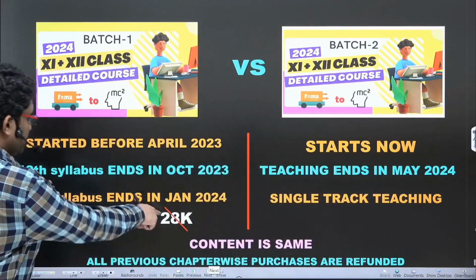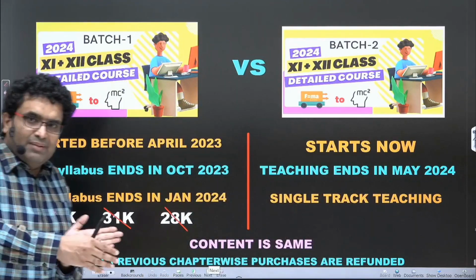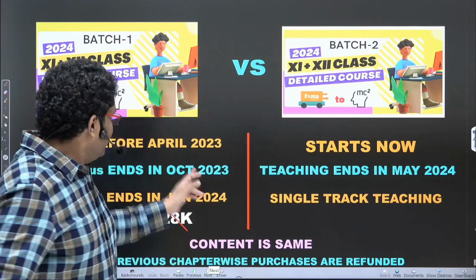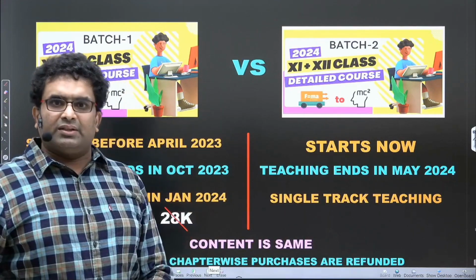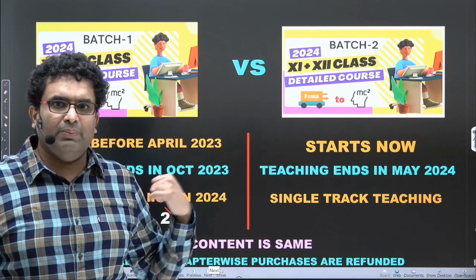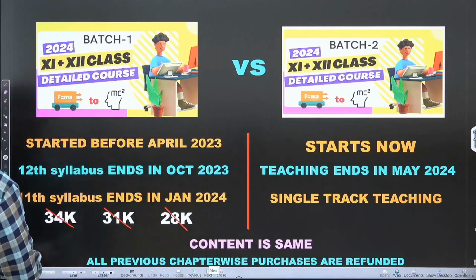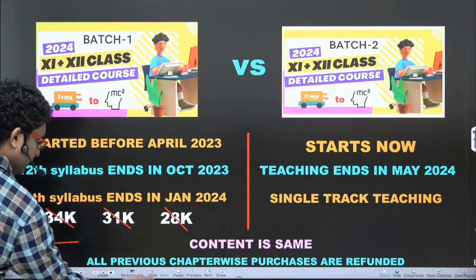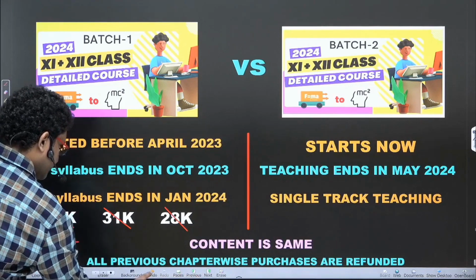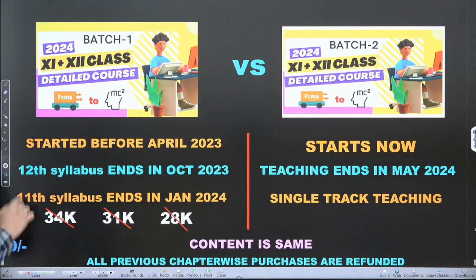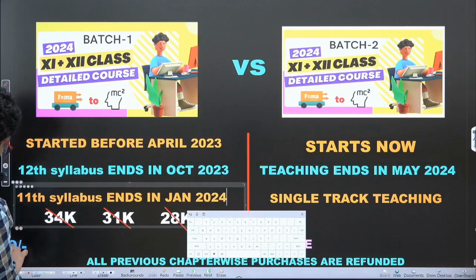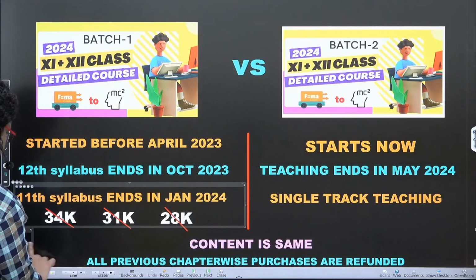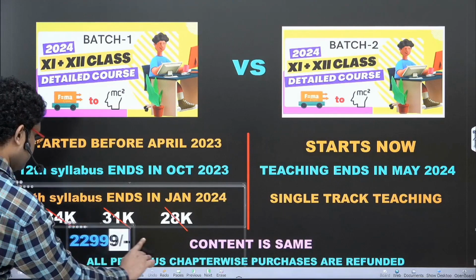Okay, so what's the price for this? Because fewer months are left and it's not April anymore, I have to reduce the price for both batch 1 and batch 2. A lot of students wanted a reduction of prices.